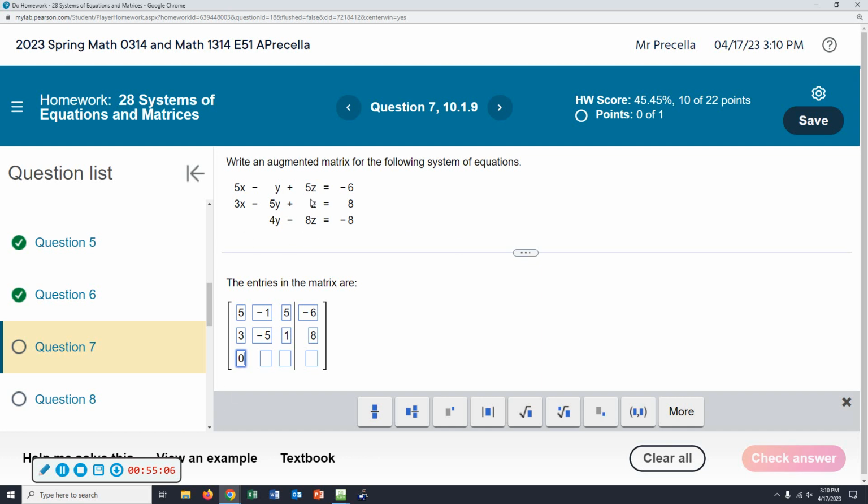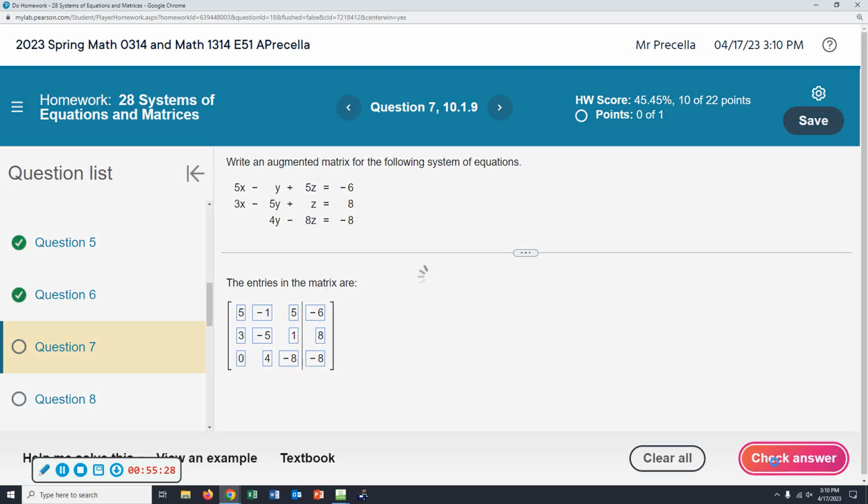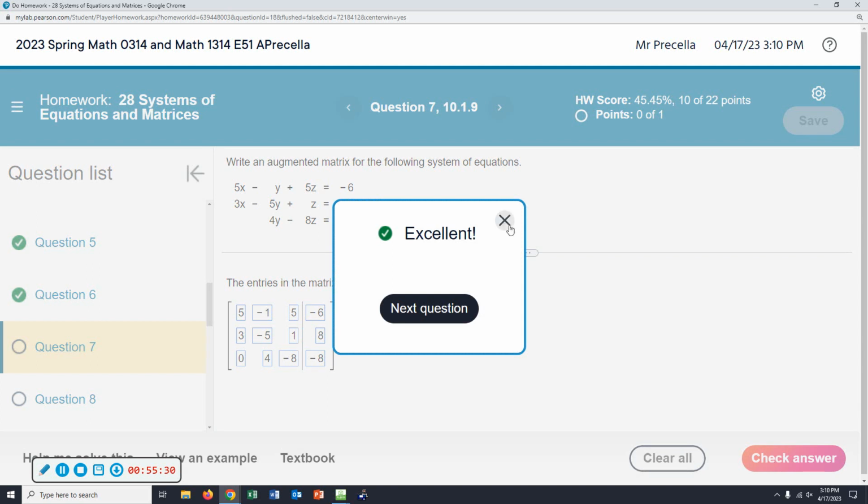A 1 means the variable's written there, like right here, a -1, but right here, just a positive 1. So 0 there, then a 4, a -8, and one more -8. Almost there. Done.